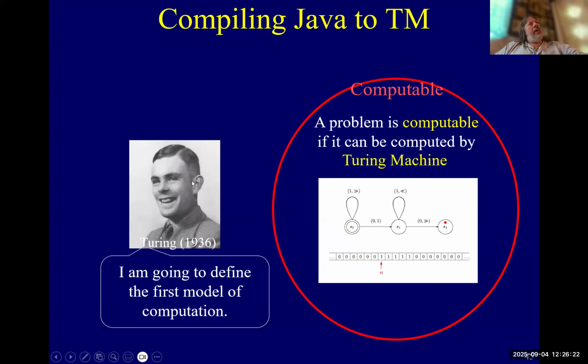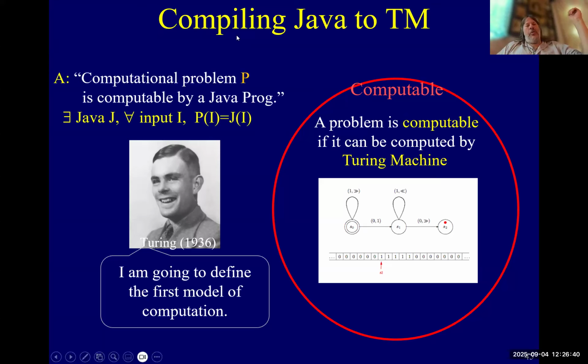Turing's PhD advisor was von Neumann, and von Neumann asked, "What's computable?" And they defined that a problem is computable if there's some Turing machine that computes it. So we want to write that down in logic. We want to say P is a free variable.